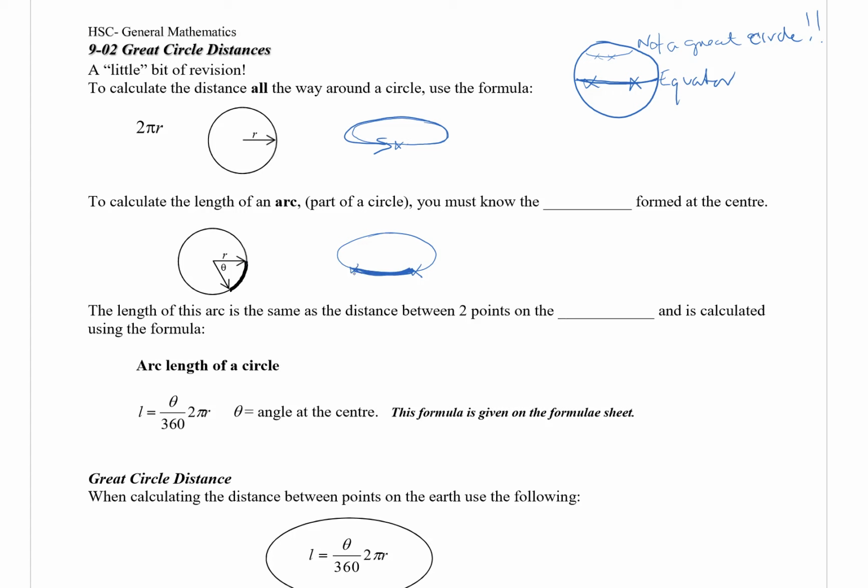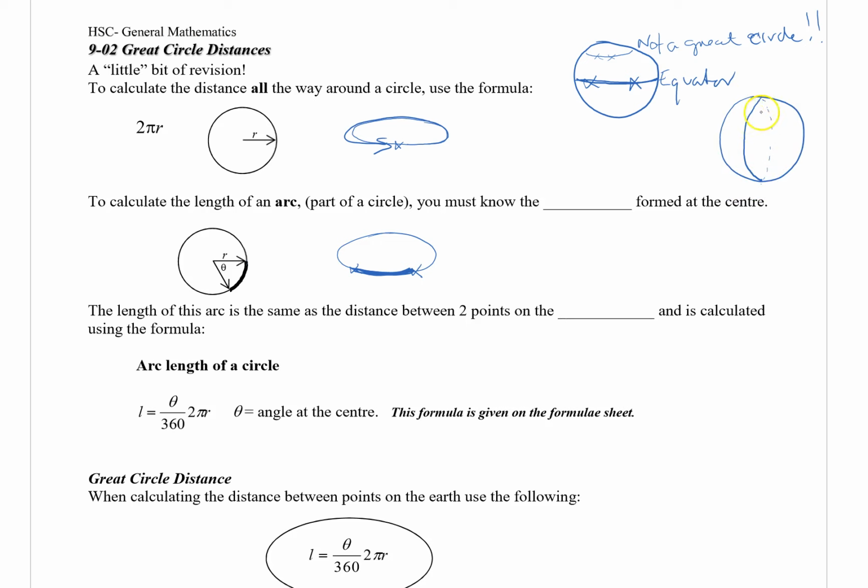The other situation where we're going to apply this rule for finding distances are on these great circles. Now, they're our lines of longitude, and we know that continues around the back and there's a similar imaginary line.